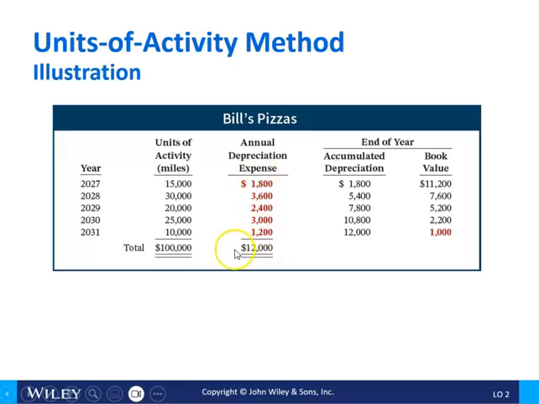Total depreciation expense is going to be $12,000, which is the depreciable cost. And again, accumulated depreciation increases and the book value decreases over the life of the asset. And we do it until accumulated depreciation equals the depreciable cost of $12,000 and the book value equals the salvage value of $1,000.